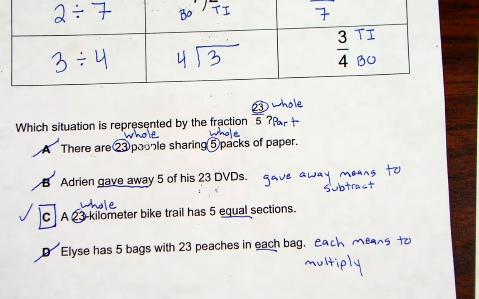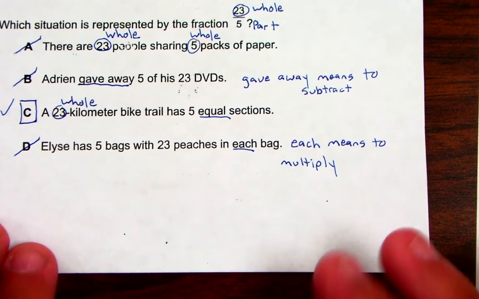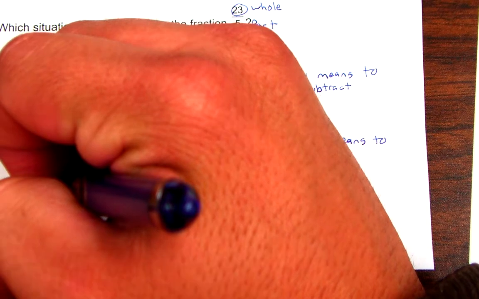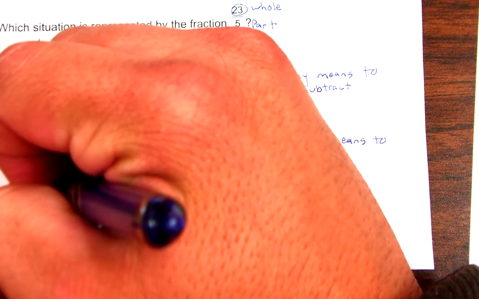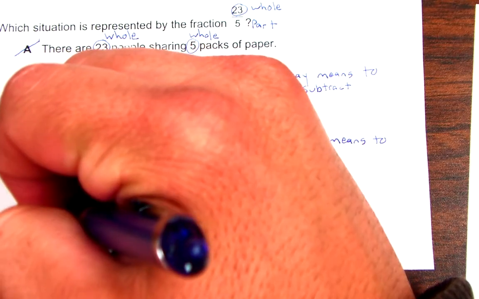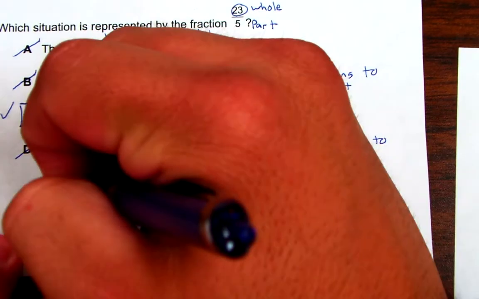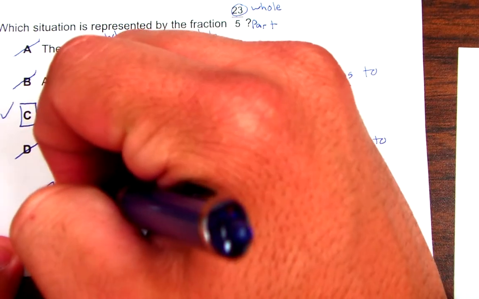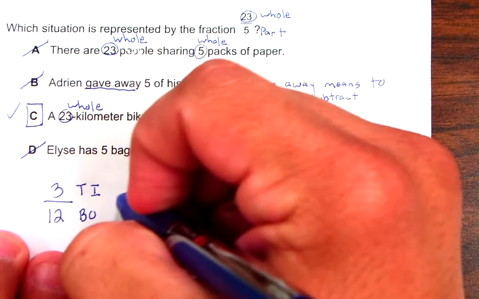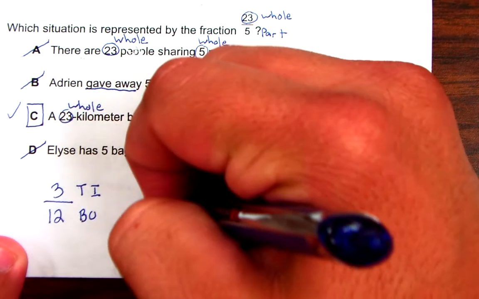Alright, now I'm going to do one more problem with you on the very bottom so we can see how division works. So let's say we have 3/12. Okay, so whenever we're solving it, I like for my students to write Tai-Bo, top in, bottom out.